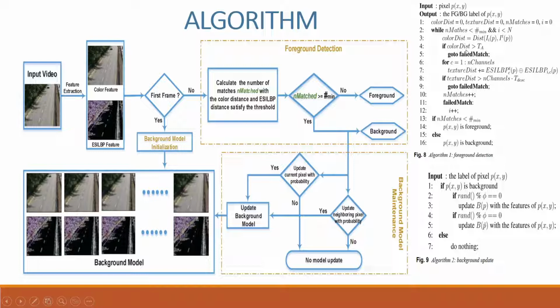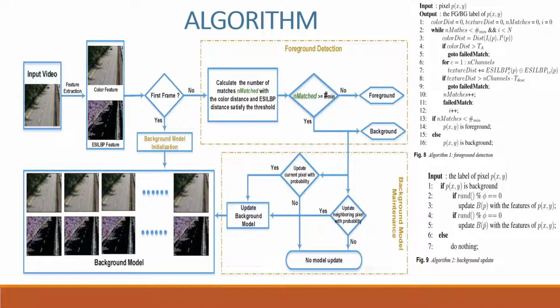If the color distance is greater than a certain threshold, then we say the pixel does not belong to the background class, so we go to the next iteration, as shown here, go to fail match. In fail match we just increment and compare the data to the next sample in our background model. But if the color distance is less than the threshold, then we calculate the texture distance, which means the distance between the ESILBP feature vectors.